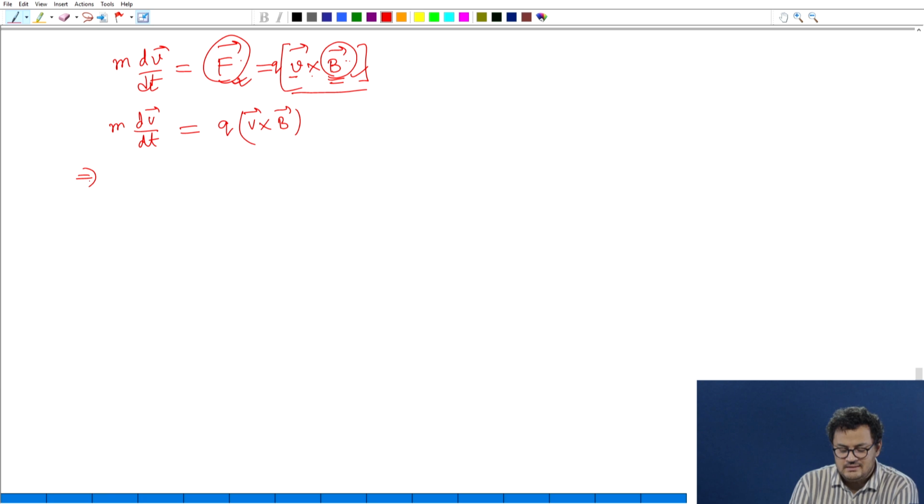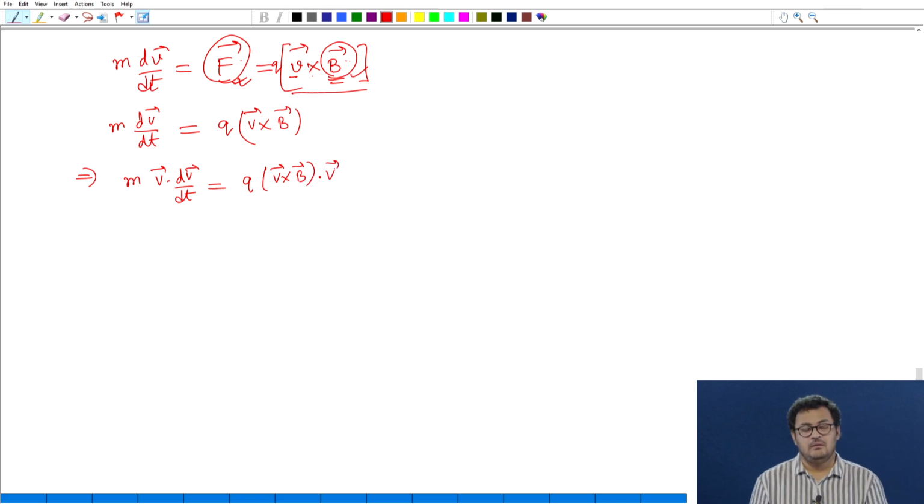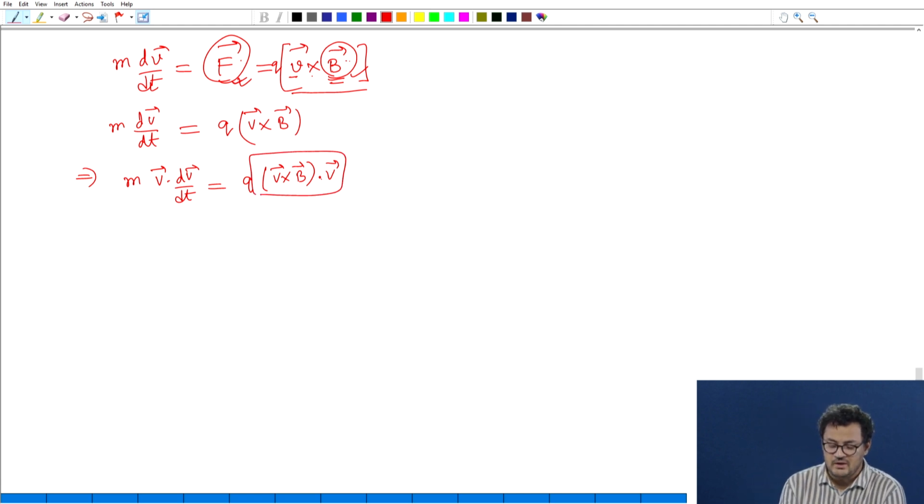Can you easily see a very evident conserved quantity? I just do m v dot dv/dt, which is q v cross b dot v. When at least two of the three vectors are identical in a scalar triple product, I have a 0 result over here.